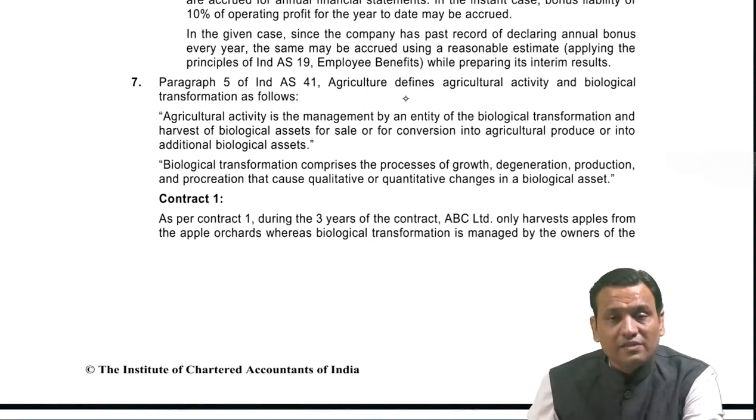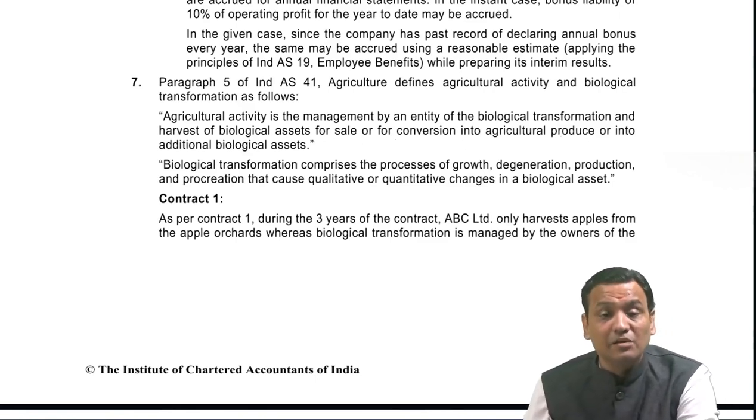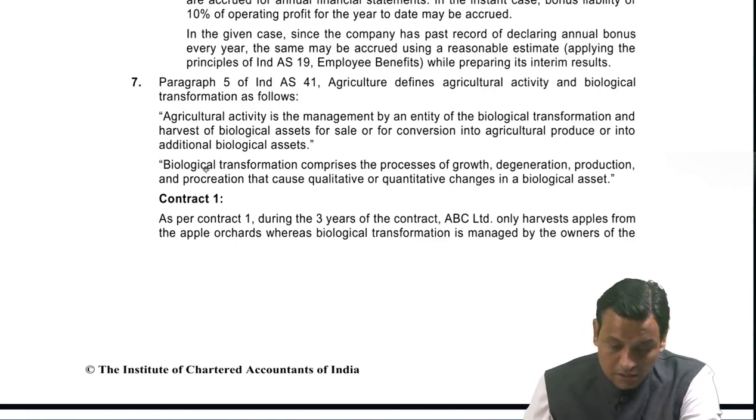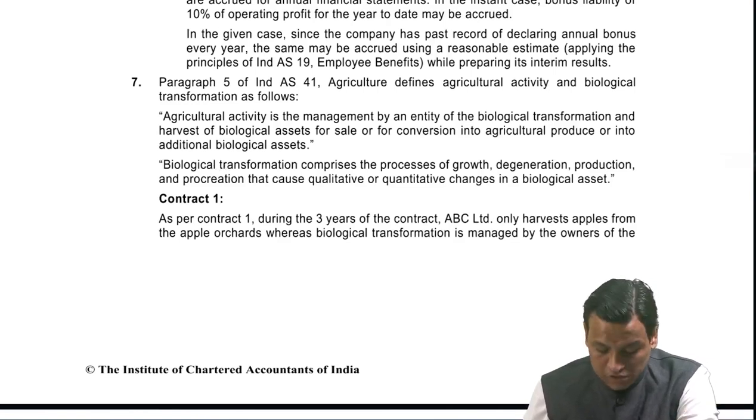Now, obviously, what is agriculture activity? Agriculture activity is the management by an entity of the biological transformation and harvest of biological assets for sale or for conversion into agriculture produce or into additional biological assets. Biological transformation obviously includes procreation, degeneration, growth, production and all those things.